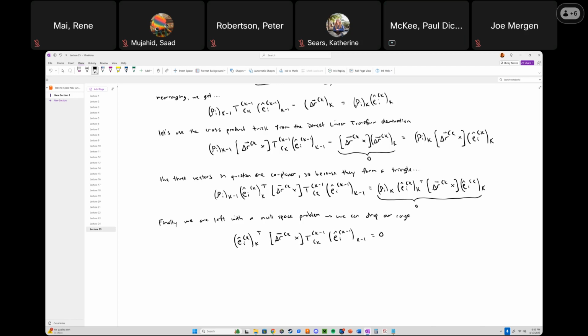Or we can take this middle part if we want to. It is going to be a cross product matrix multiplied by a direction cosine matrix, which is still going to be a 3 by 3 matrix, and we're just going to call it E.